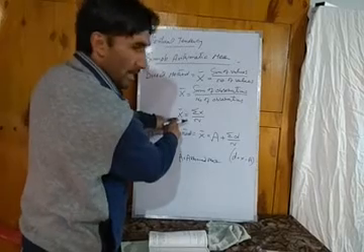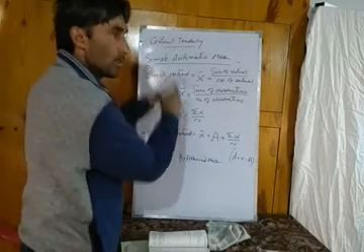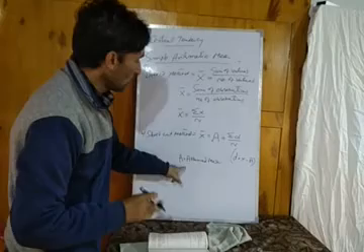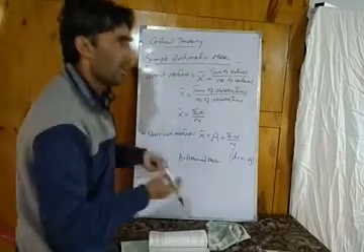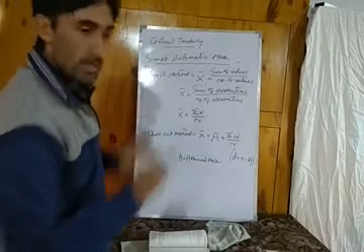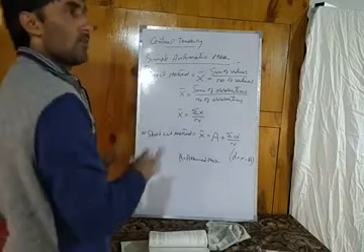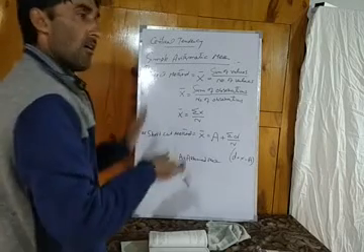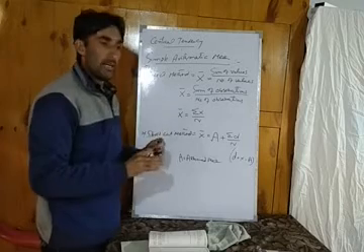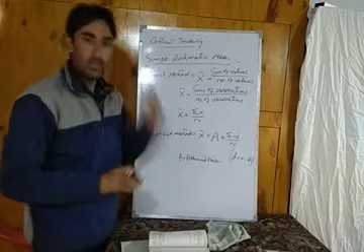This x bar is the actual mean, the mean which we calculate after applying the mathematical formula. Assumed mean is when we take any value from the series and assume it as our mean value, without calculating through mathematical tools.